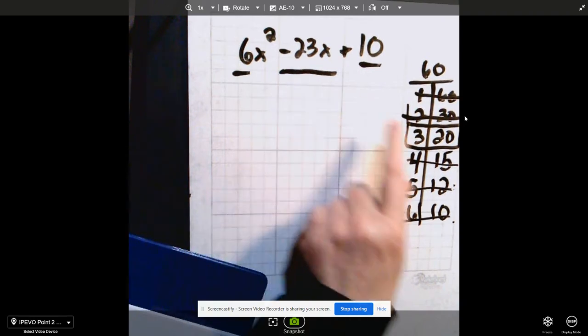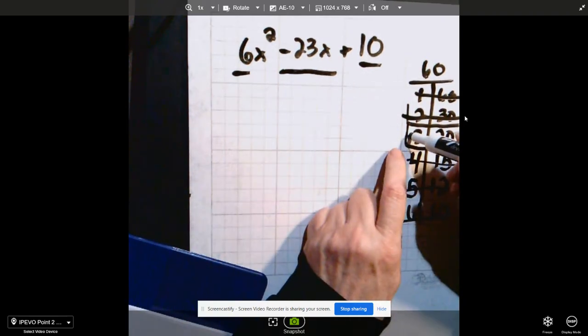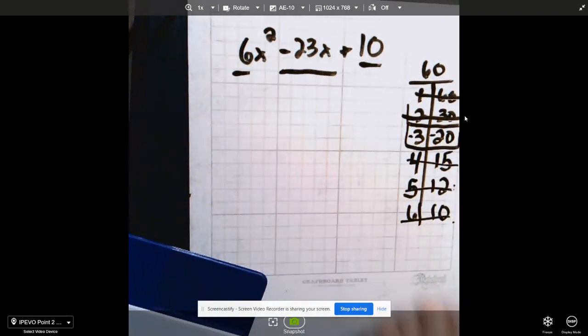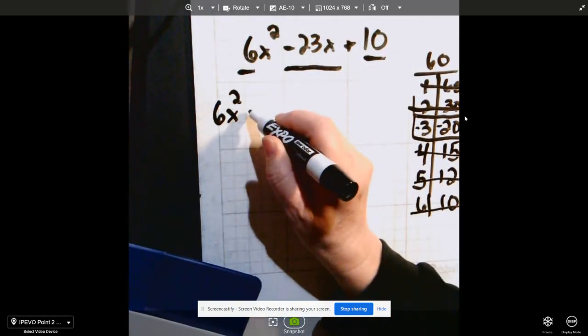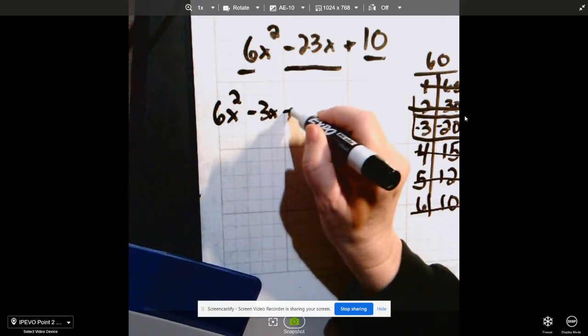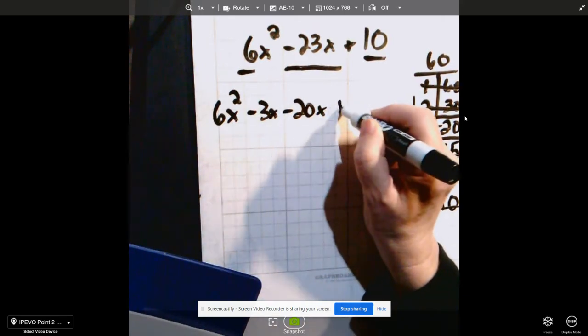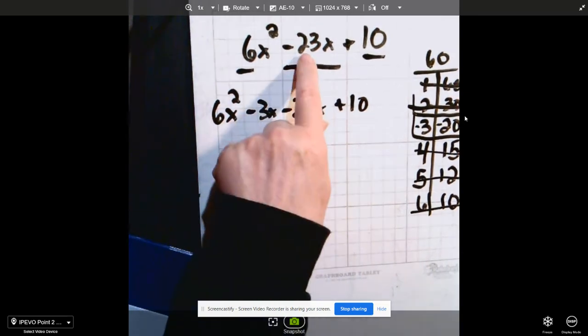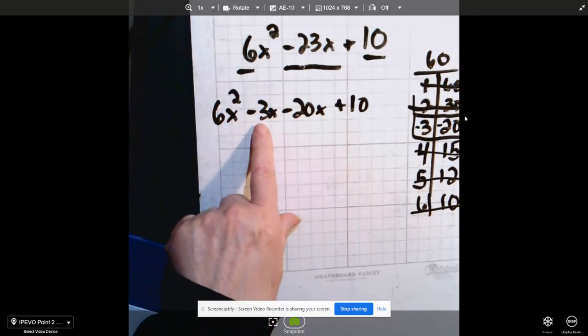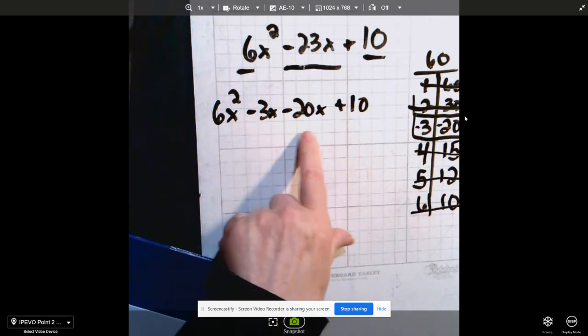In order to get to a negative 23, I need a negative 3 and a negative 20. So I'm going to rewrite this as 6x squared minus 3x minus 20x plus 10. Again, I didn't change this middle term. Just instead of writing it as negative 23x, I wrote it as negative 3x minus 20x.